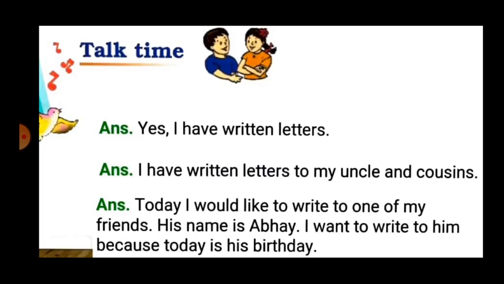And in the third question, if you want to write a letter today to anyone, give their name and give the reason why you want to write a letter to them today. So in this way you can do the Talk Time exercise.